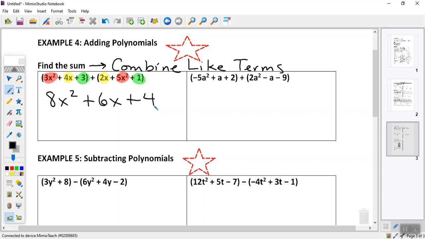Positive 1a plus negative 1a, what do they really do to each other? Cancel, right? Okay. So it's just that part.